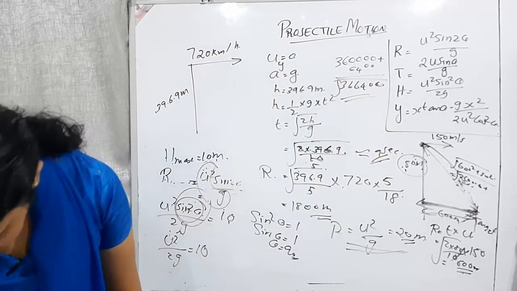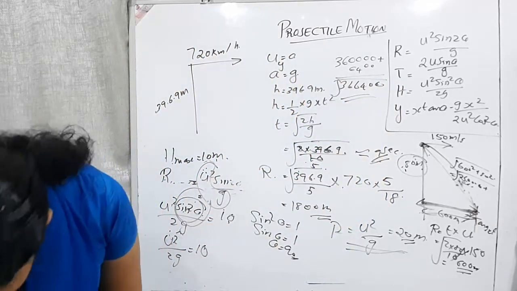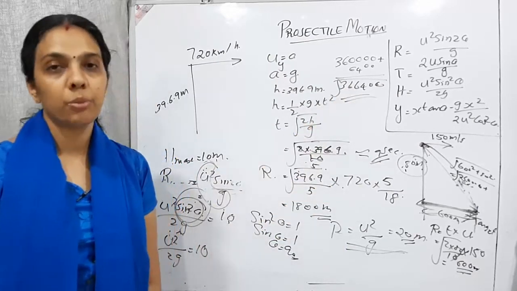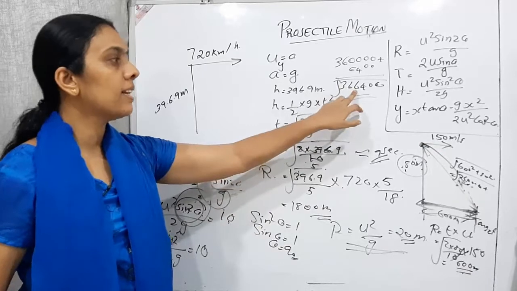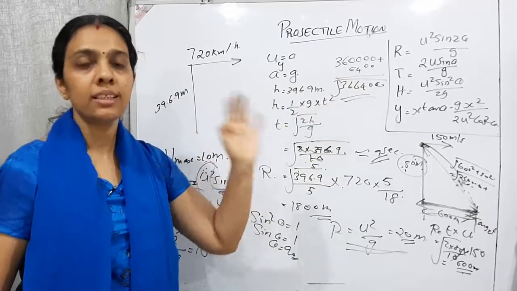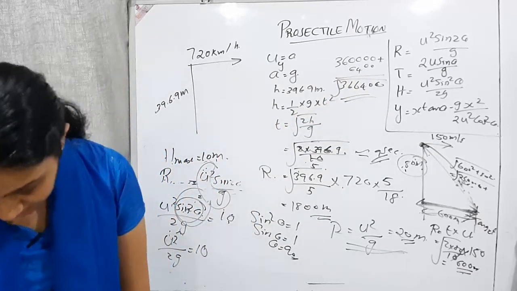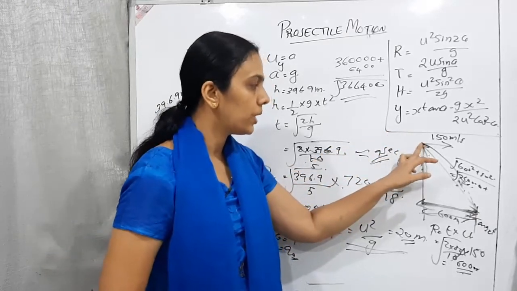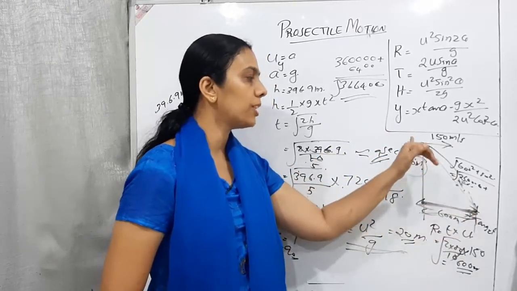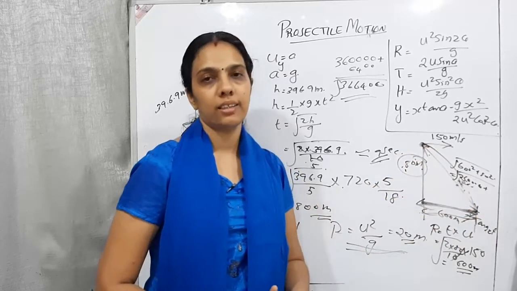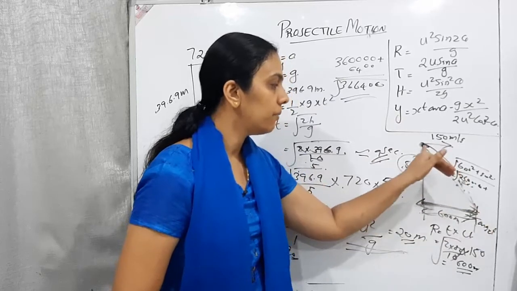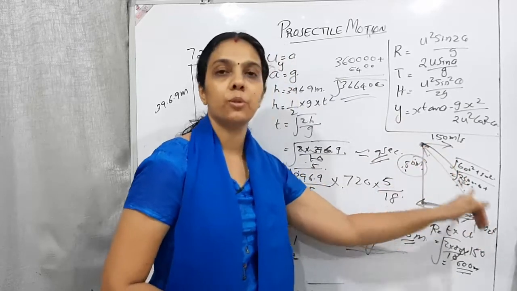While finding out the value, we will be getting it as 605.3. The value will be 605.3. This is 36, so 600 something we will be getting. The correct answer is 605.3. So now you got it, right? What will be the distance from the dropping point till the target? From the dropping point till the target, you should consider this hypotenuse.